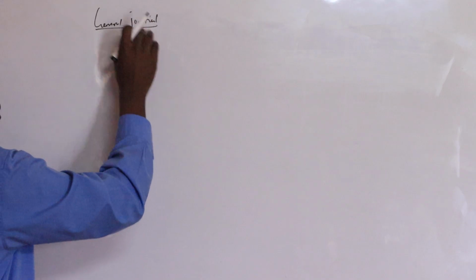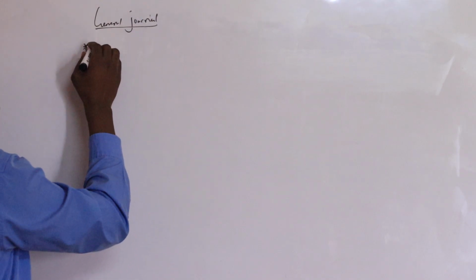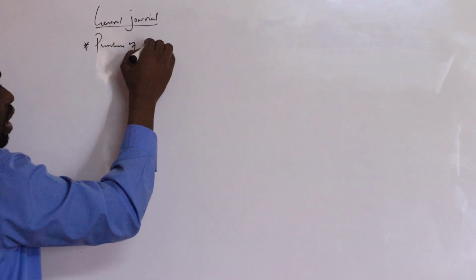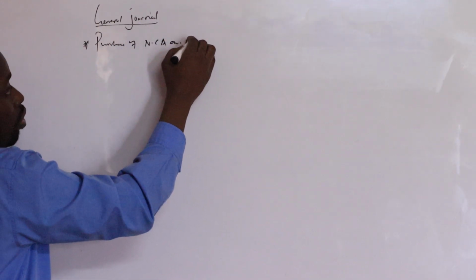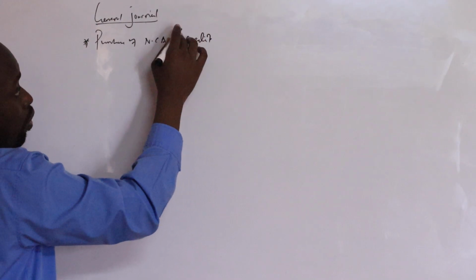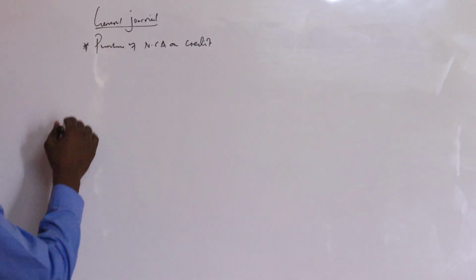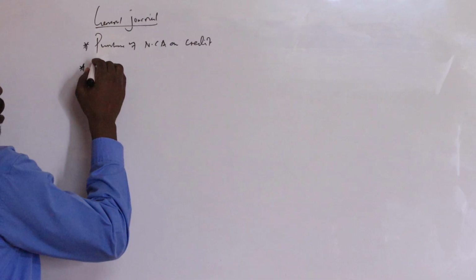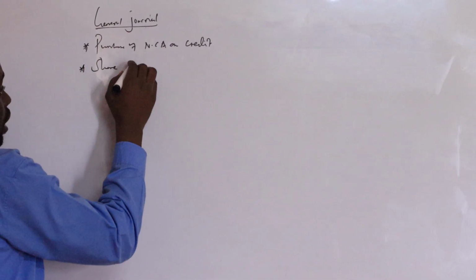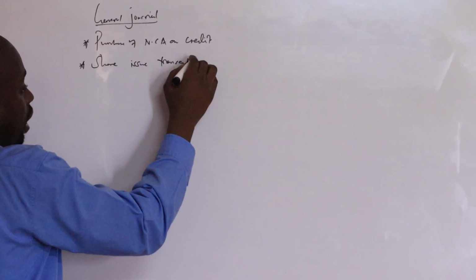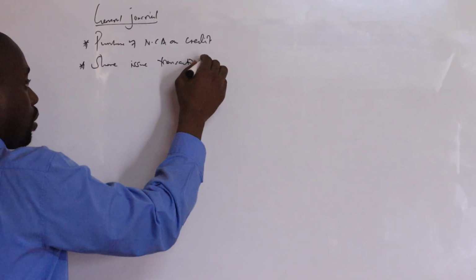So what are some of the transactions that go through the general journal? One, purchase of non-current assets on credit. We can have an asset bought partly on cash, partly on credit. The credit amount will come to the general journal. Then we'll have share issue transactions, though they're no longer in our syllabus.